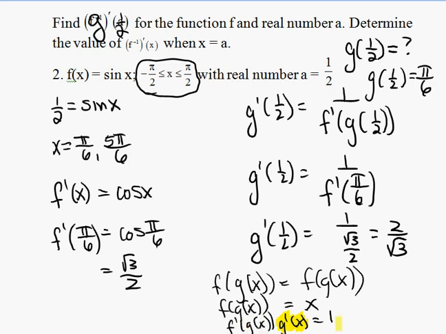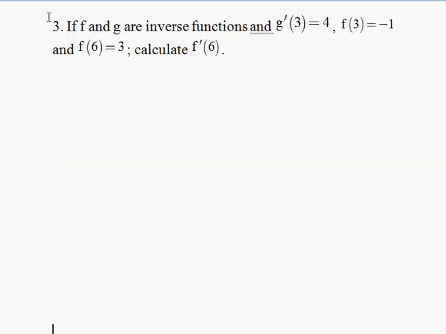That's just how I remember it. I don't memorize this rule right here. I memorize that f of g of x is equal to x, and then differentiate both sides using the chain rule, and it comes out to be not that bad. Got one more example.